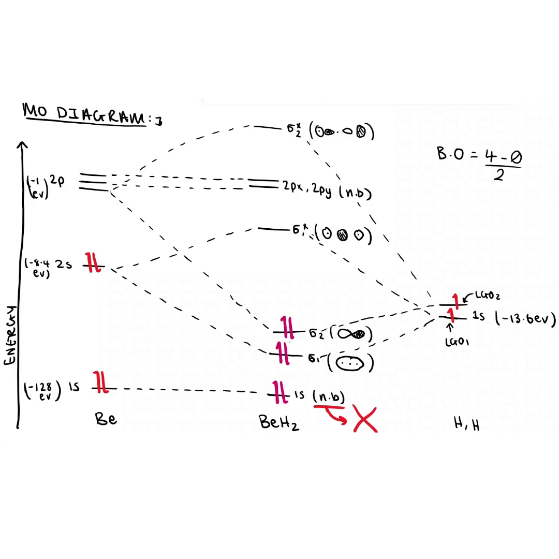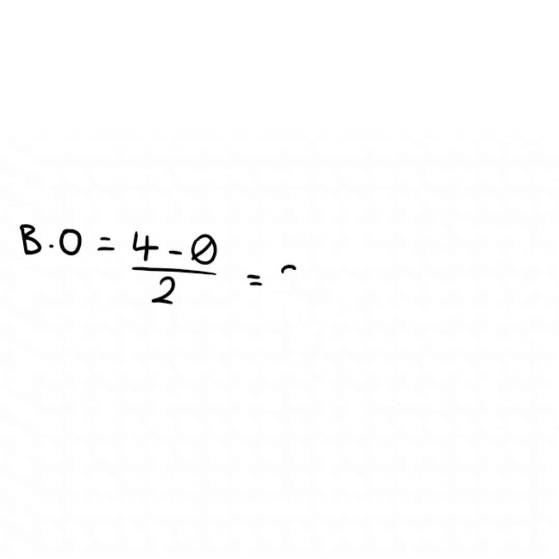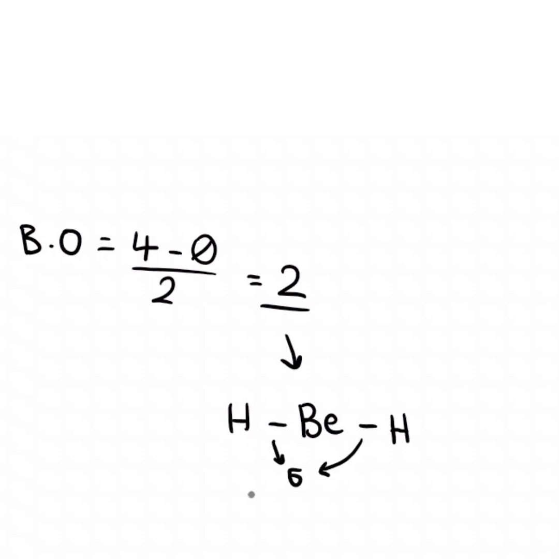This gives us a bond order of 2, and we know this is correct because beryllium hydride contains 2 sigma bonds, one from beryllium to each hydrogen. Now we are finished, and this is how to draw a polyatomic molecular orbital diagram.